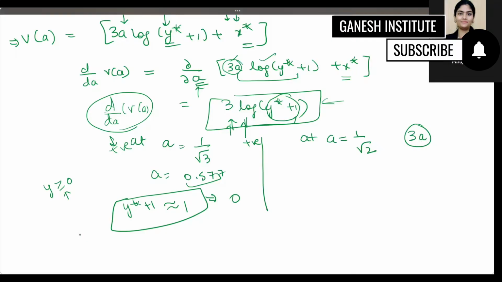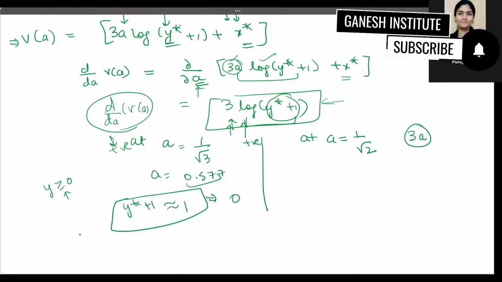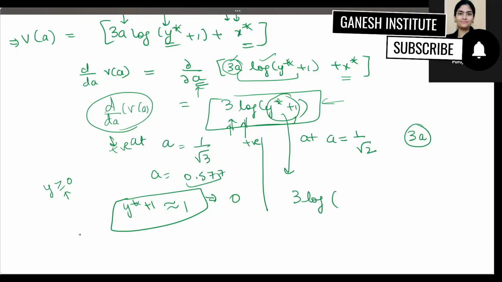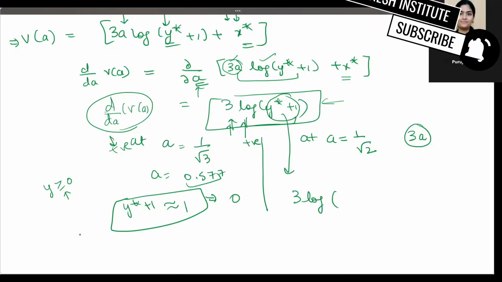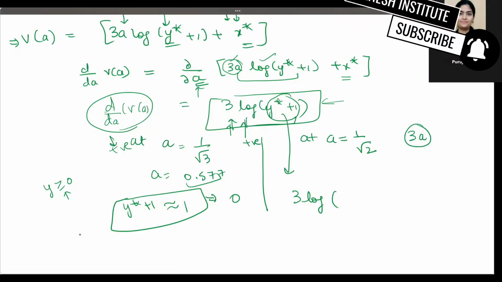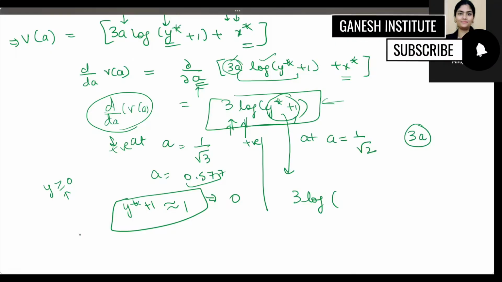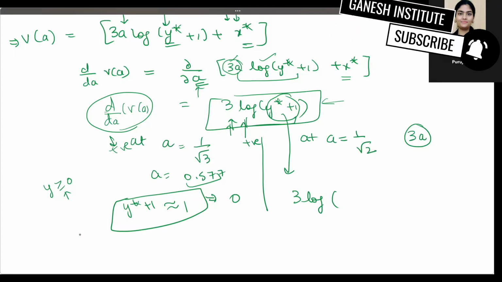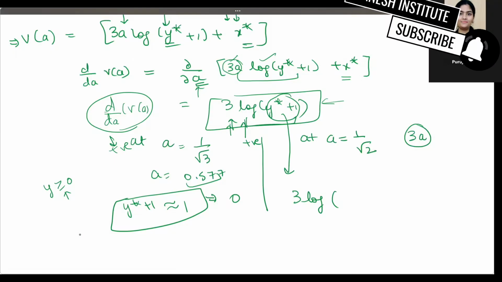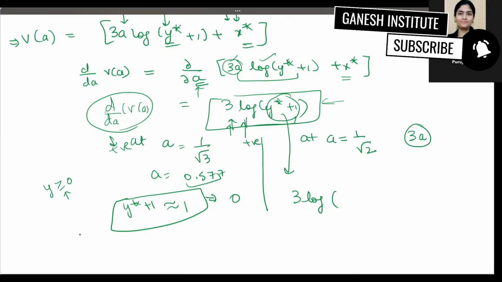So what I'm supposed to do is put the value in terms of a here in order to get it. 3 log, tell me what is the y star value. Ma'am, so y star value, 3 log in the 1 upon root 2 case. We found the optimal values. What was y star earlier?